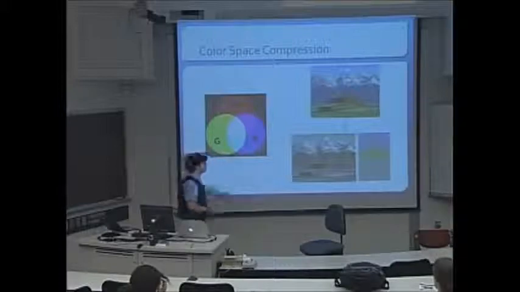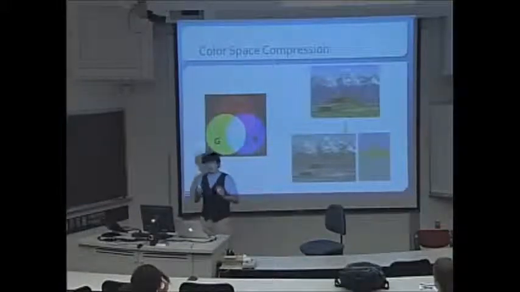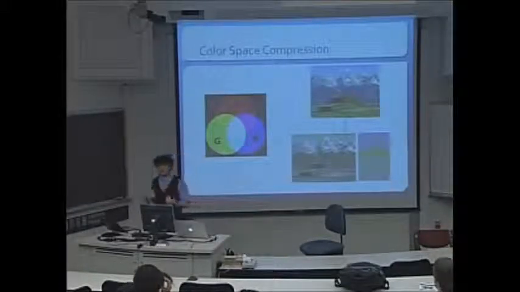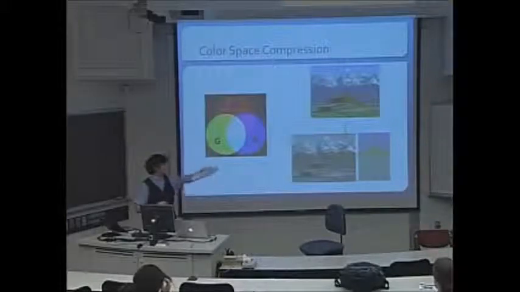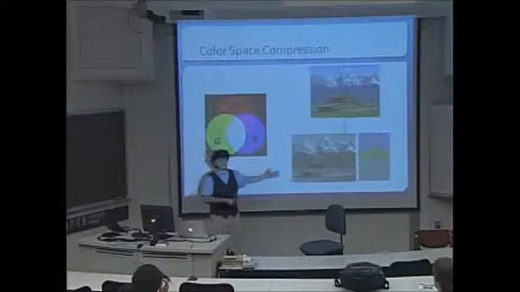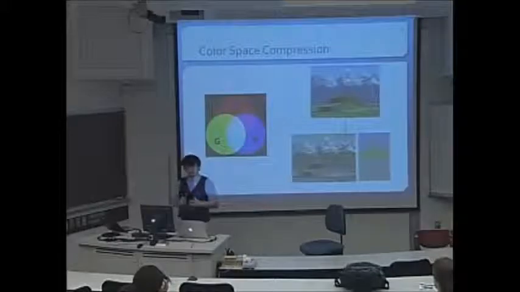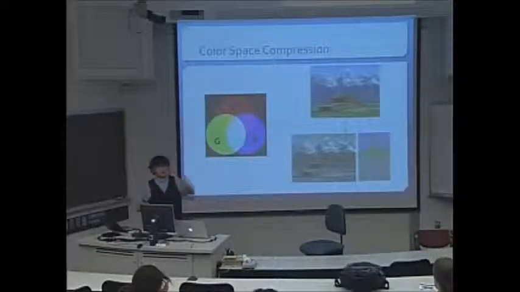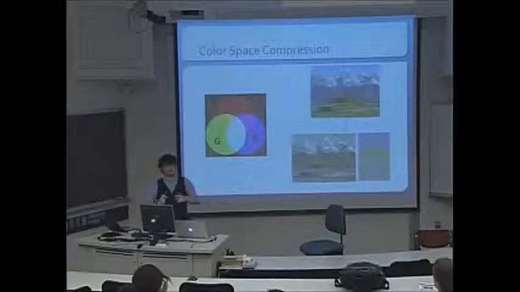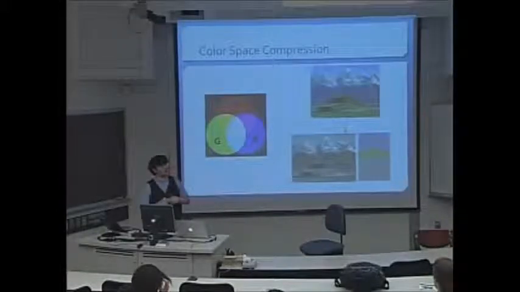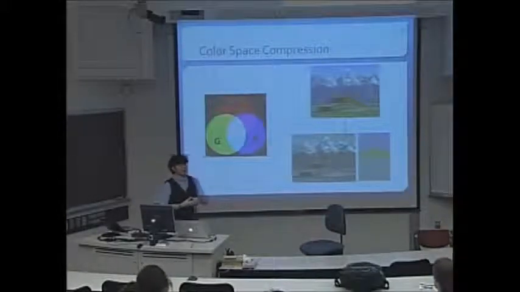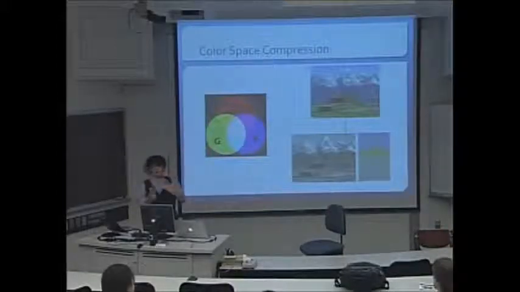The reason we want to do this in practice is that the eye is a lot more sensitive to luma, to the black and white, to the details, than to the color. So we can save a lot of space by shrinking the amount of color information that's stored and then upsampling it later. It saves a lot of space but doesn't have much of a visual change.